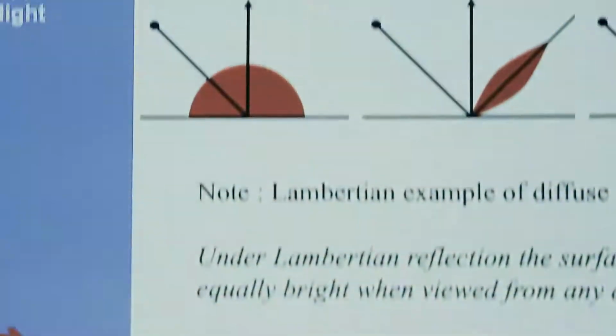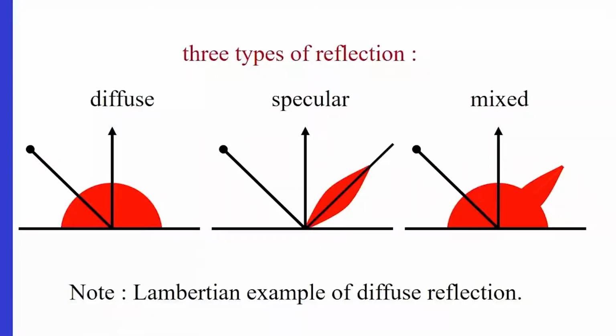Whereas if you have a diffuse surface, again light coming in from the left, there you have the normal being drawn, and then depending on the direction from which you observe, you have an amount indicated by this red part, and you see the intersection between that hemicircle and the different directions of observation is almost the same, which would mean this surface looks equally bright from wherever you look at it.